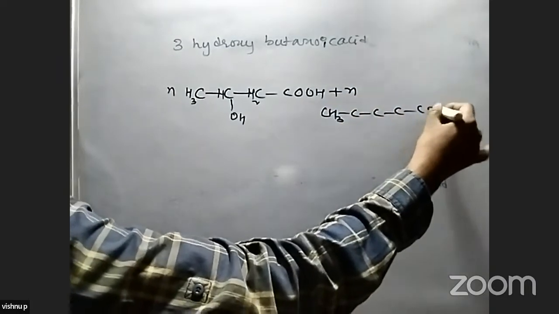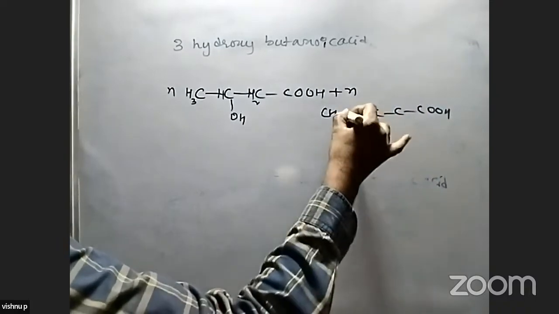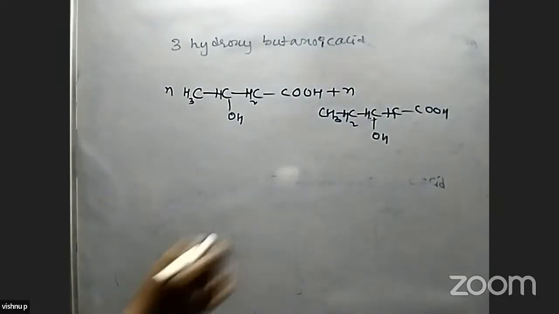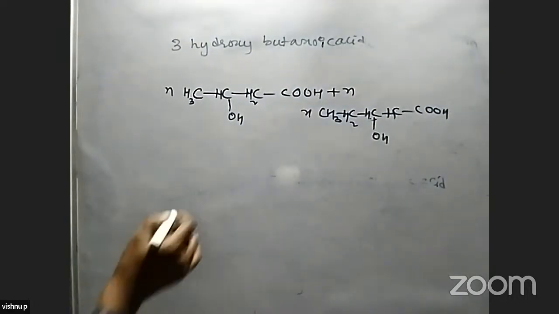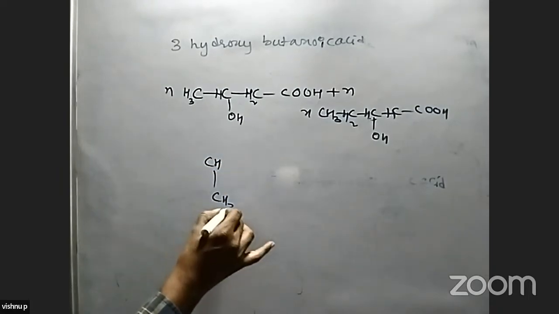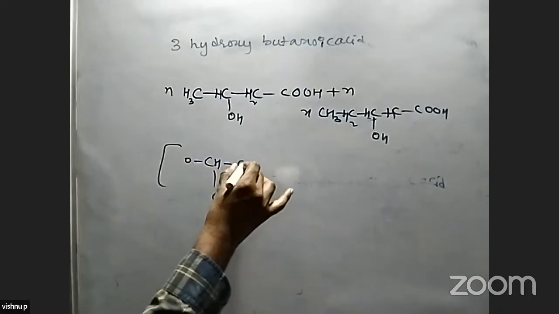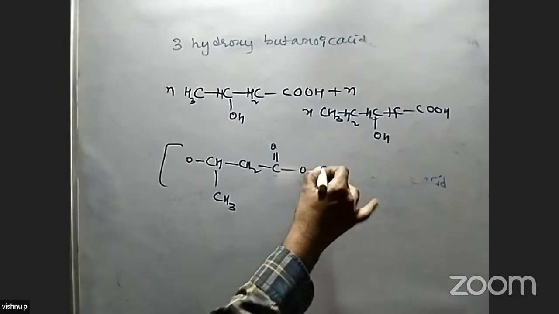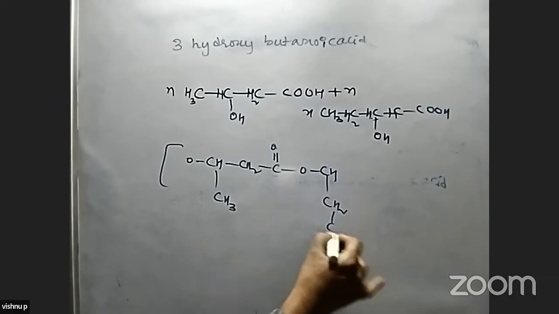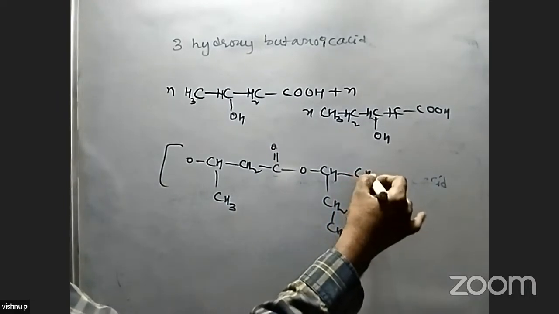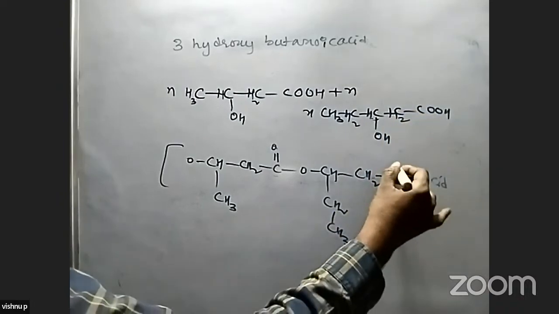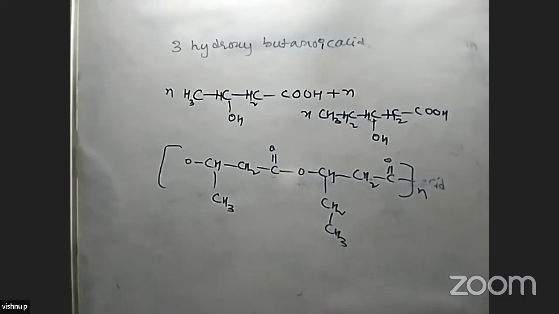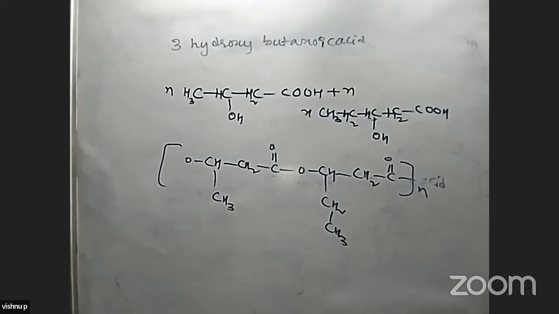Pent means 5 carbons are present and a hydroxy group is present at the third position. By losing water molecules, we get this type of polymer, with CH2, CH3 and CO. This is called PHBV.